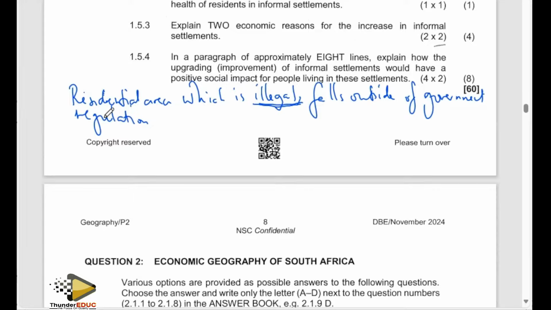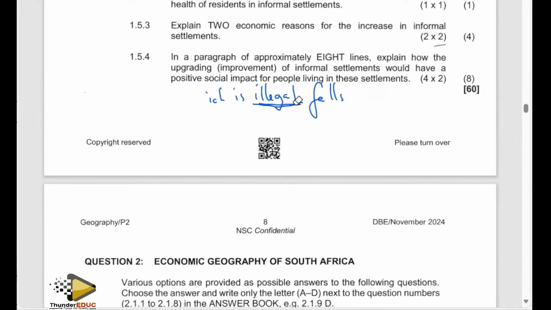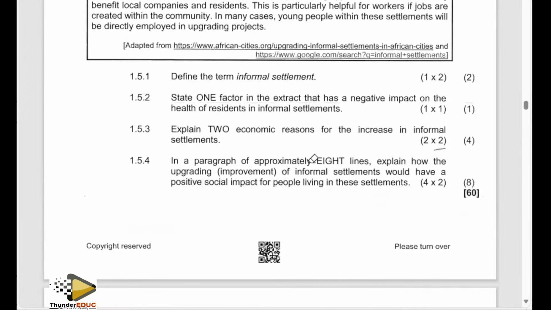So as long as the area is unauthorized for settlement, is outside of government control, it's illegal, then it's informal. That's the basis of the definition. Right, we'll move on to the next question. So it's a geographical concept. You define it in your own understanding, but as long as it addresses the basis of the concept, then it becomes correct. Right.